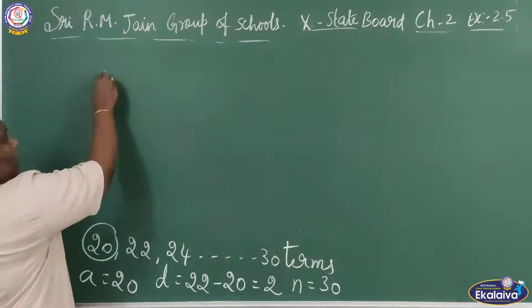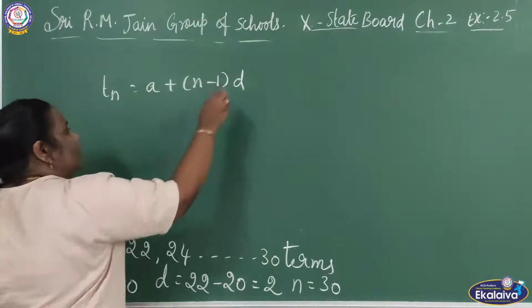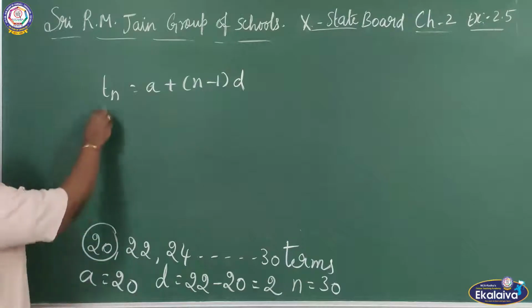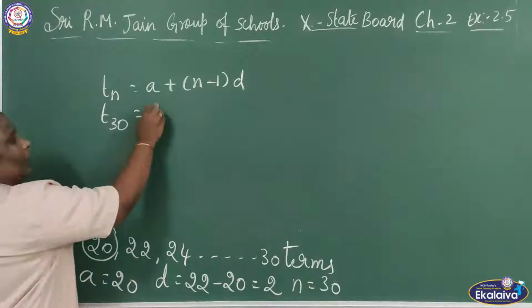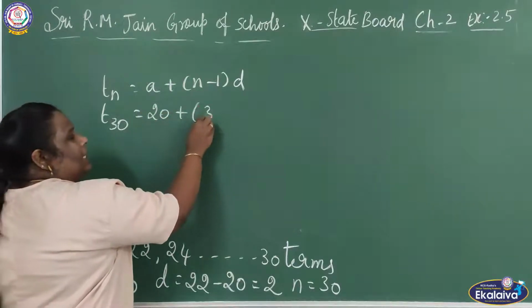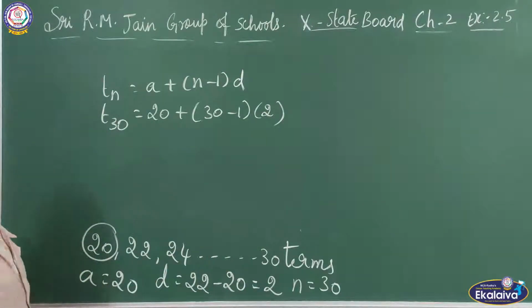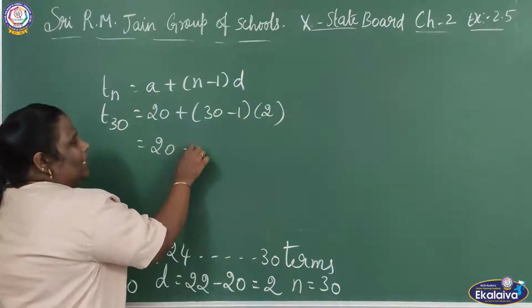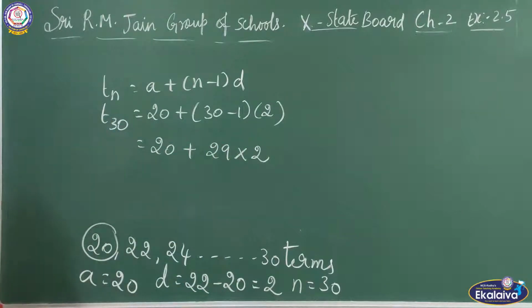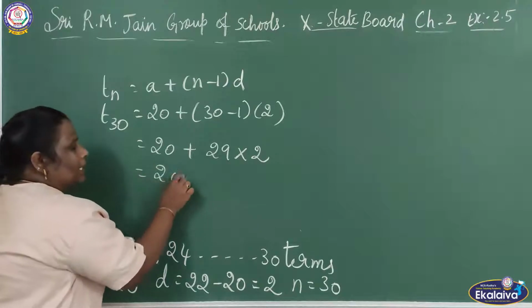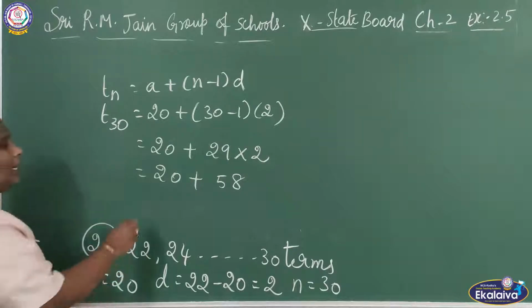You know the formula Tn equal to A plus (n minus 1) into D. What is the value of n? 30. T30 equal to A plus 30 minus 1 into D, where A is 20 and D is 2. So it gives 20 plus 29 into 2. 29 into 2 is 58. 20 plus 58 is 78.